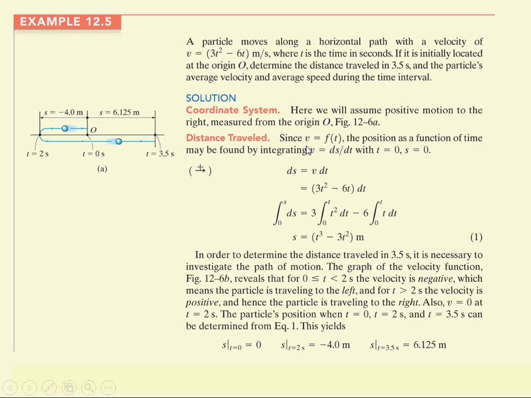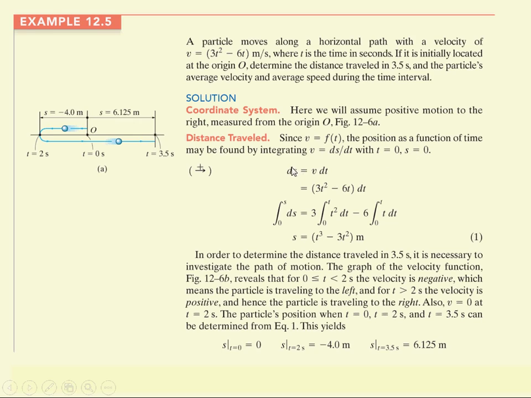If you travel here, the velocity is a function of time which is given. The position as a function of time might be found by integrating the velocity, which would be v = ds/dt, with t equal to 0 when s equals 0.